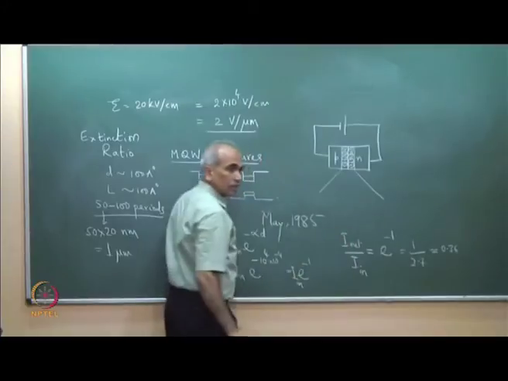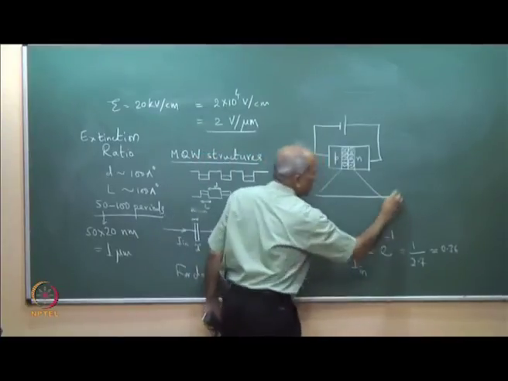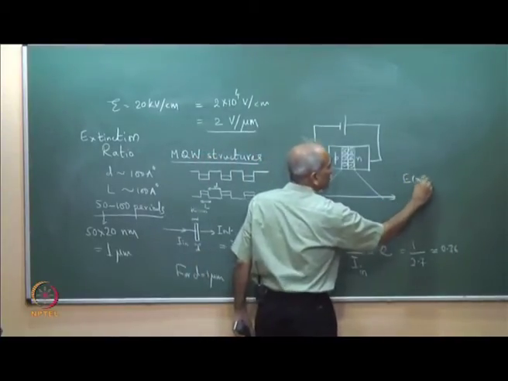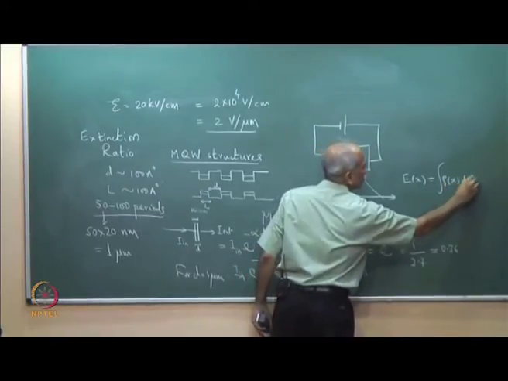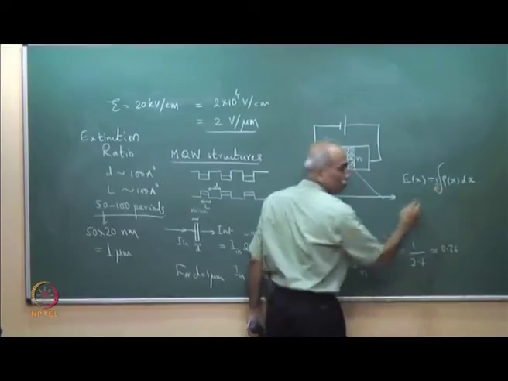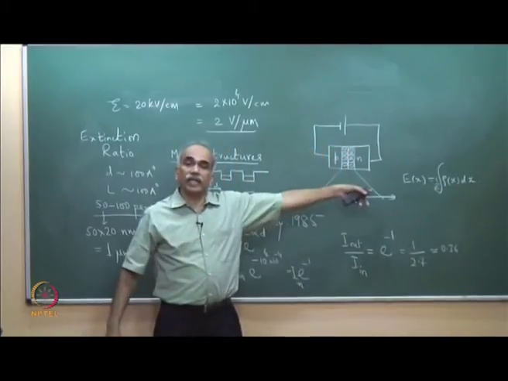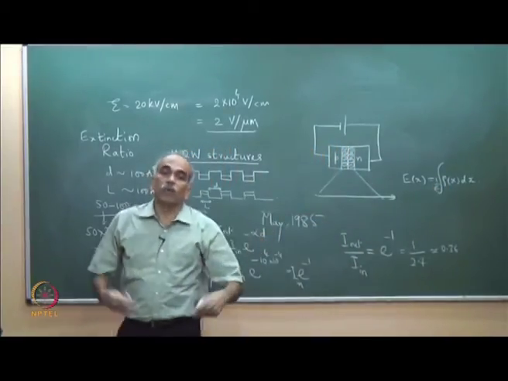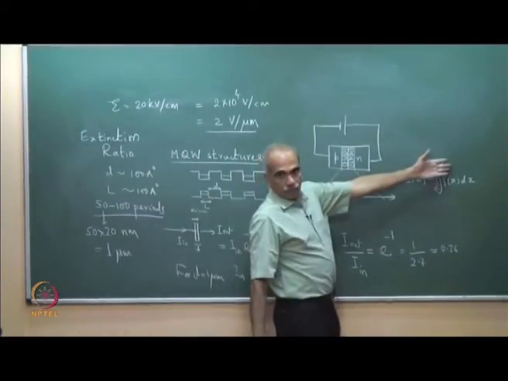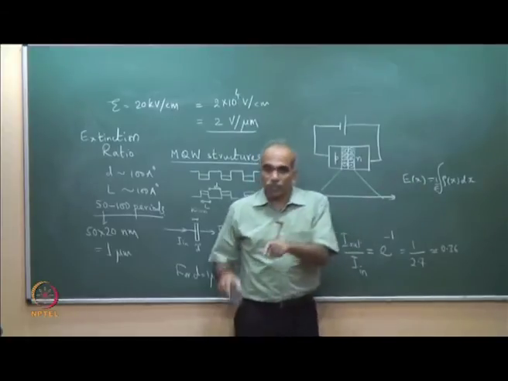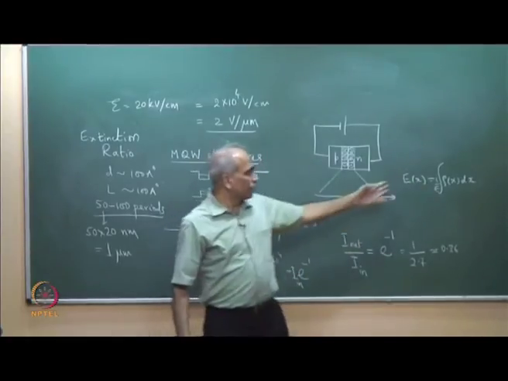We have already discussed how to calculate the electric field, because E of x is equal to the integral of rho of x dx by epsilon. Recall dE by dx is equal to rho by epsilon from Gauss law, divergence of E is equal to rho by epsilon. From there, in one dimension, it is dE by dx.